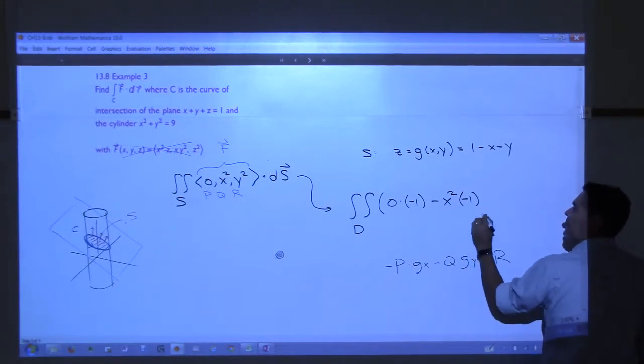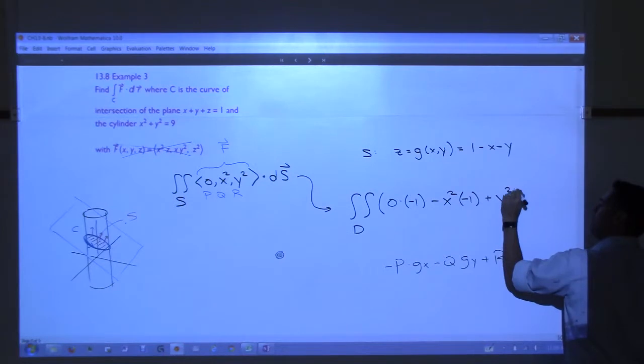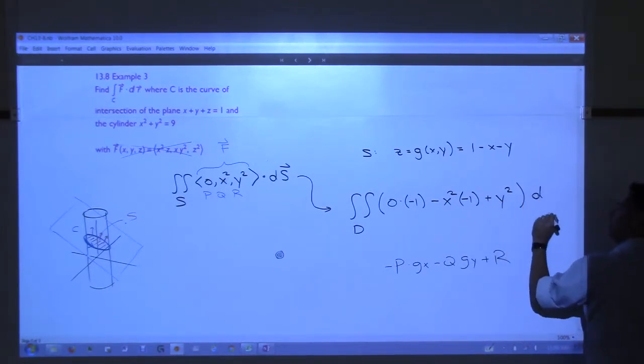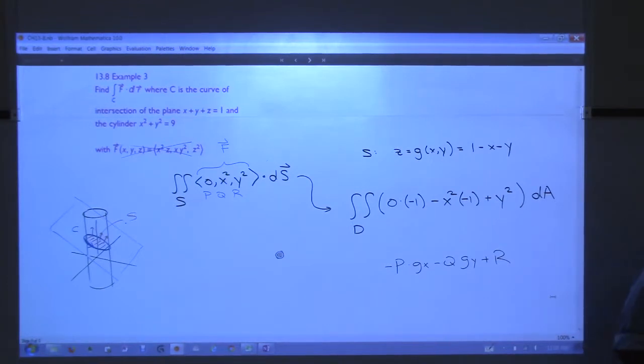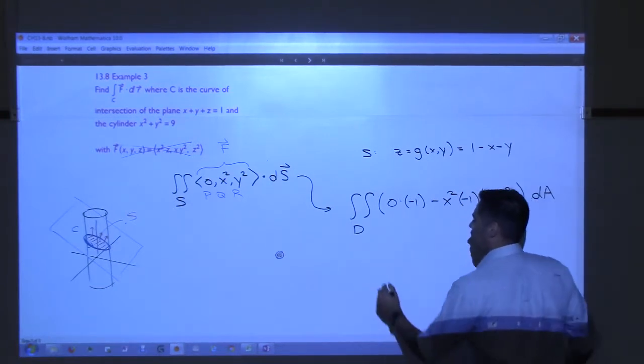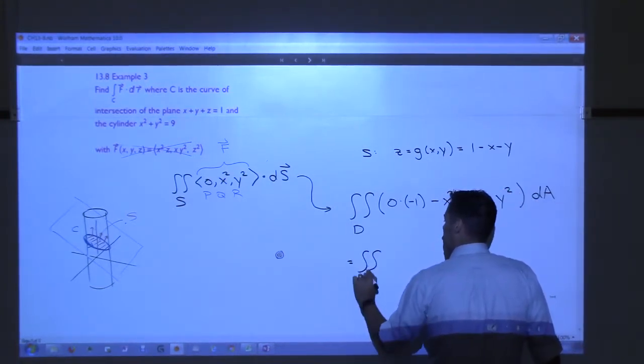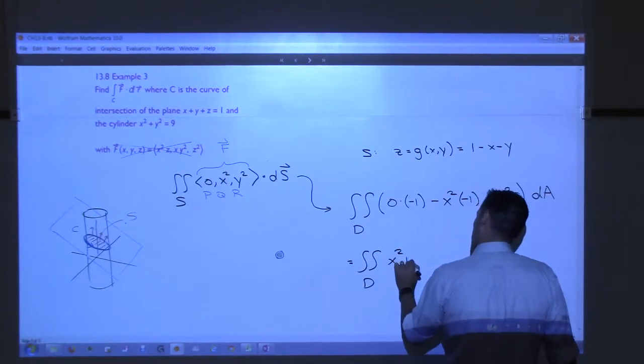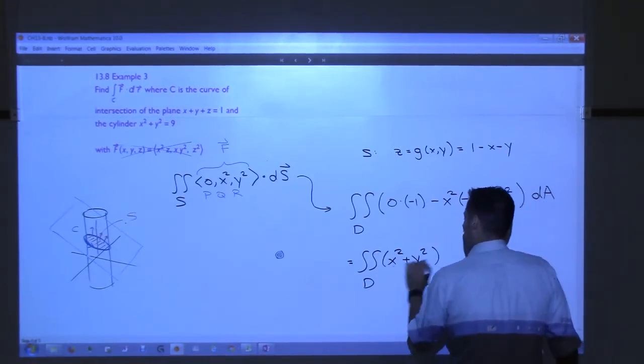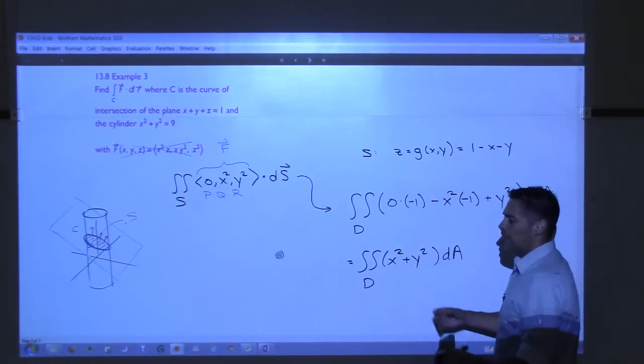And then we have plus R, and what's R? Y squared. I'm going to do all of that dA. And what does that clean up to be here? X squared plus y squared dA.